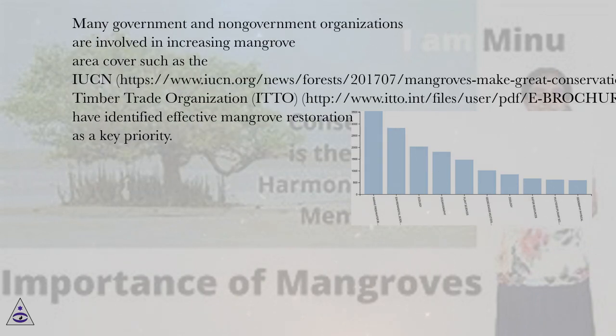Many government and non-government organizations are involved in increasing mangrove area cover, such as the IUCN and the International Tropical Timber Organization, ITTO, which have identified effective mangrove restoration as a key priority.